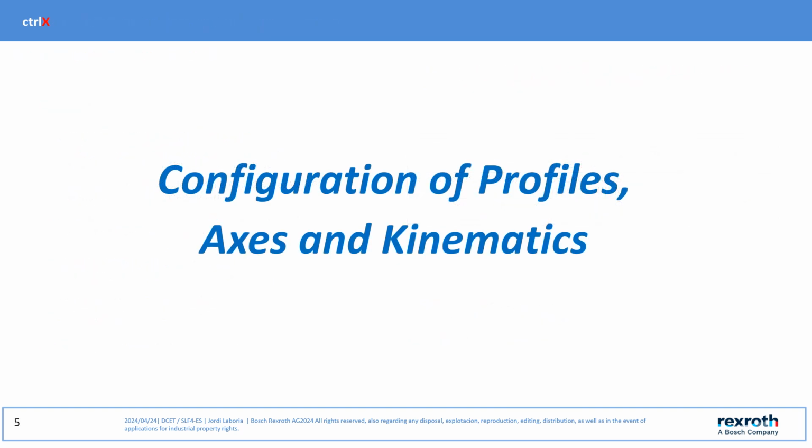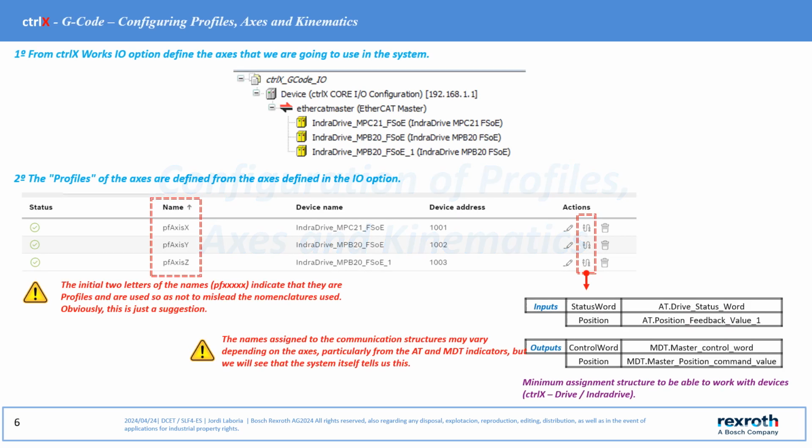Configuration of profiles, access and kinematics. From the ctrlX Works application, we will have to configure the access following the usual way. Next, the profile of the real axis must be defined. In the example, in order not to confuse the issue of names, the initials BF have been used, although this is just a suggestion.